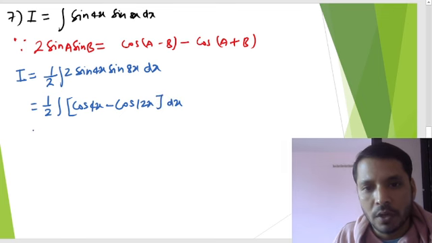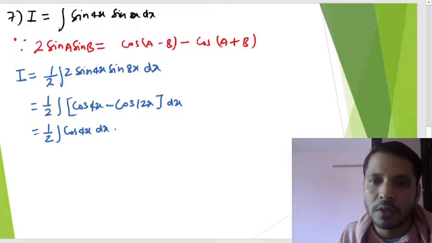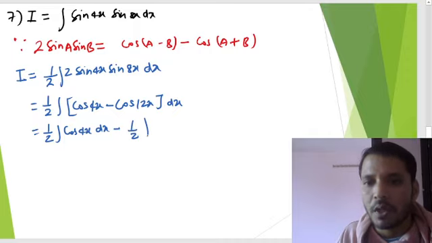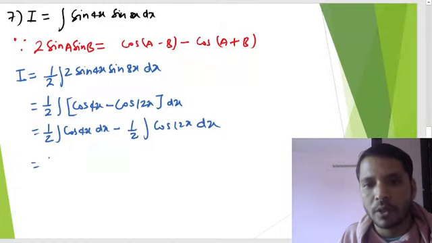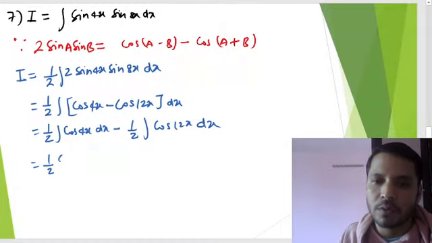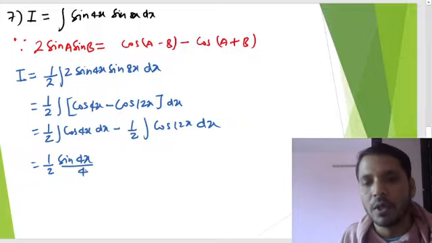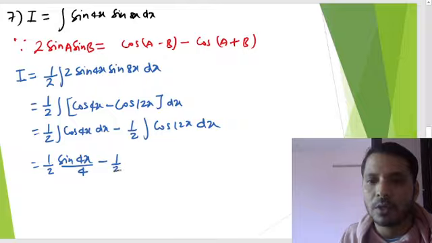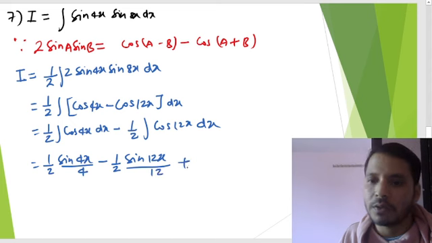So now we can rewrite as 1 by 2 integral cos 4x into dx minus 1 by 2 integral cos 12x into dx. Now it will become 1 by 2 sin 4x divided by 4 minus 1 by 2 sin 12x divided by 12 plus c.